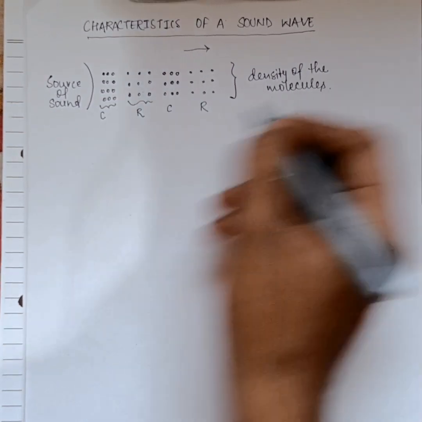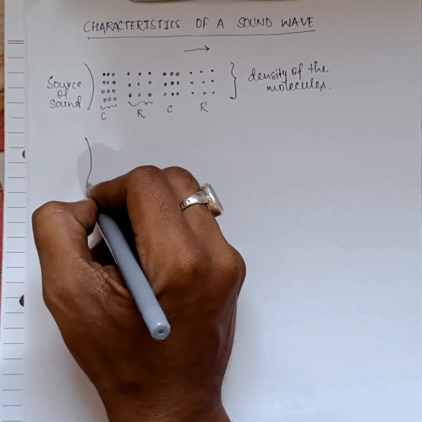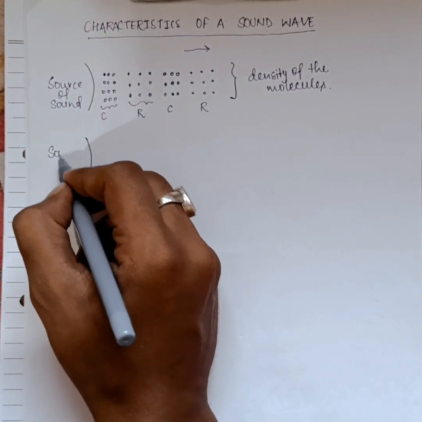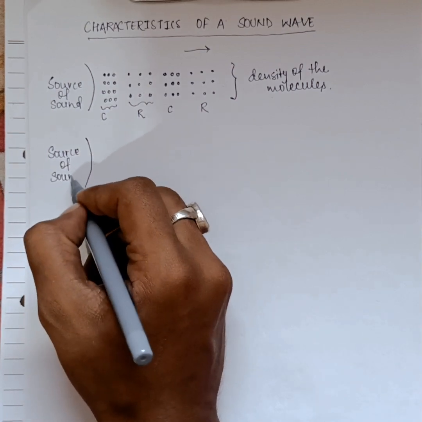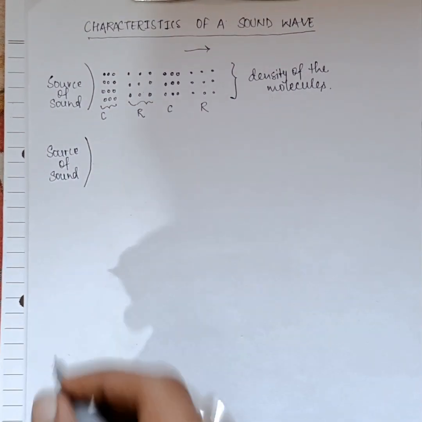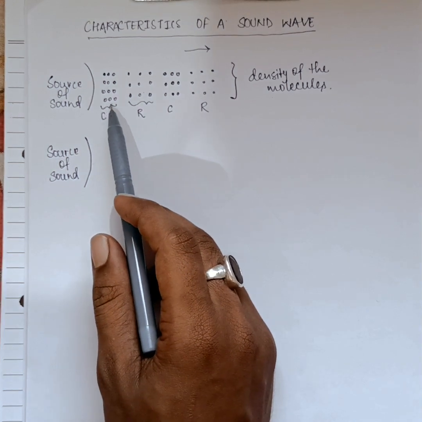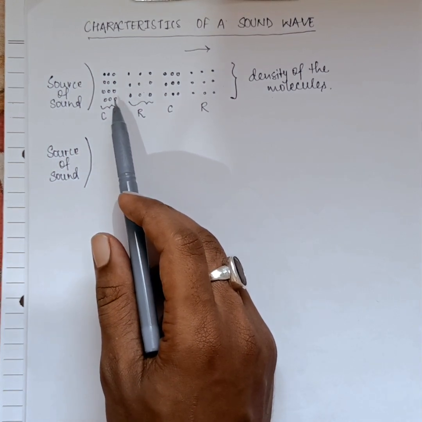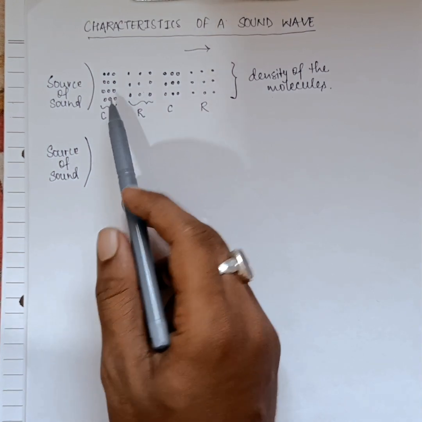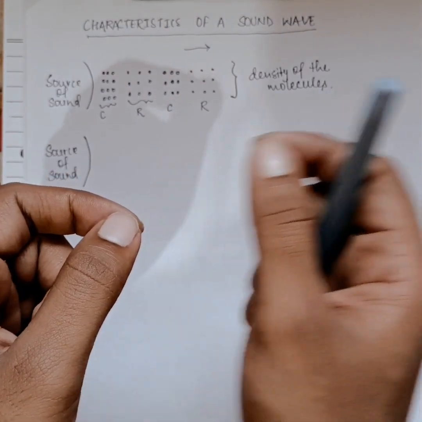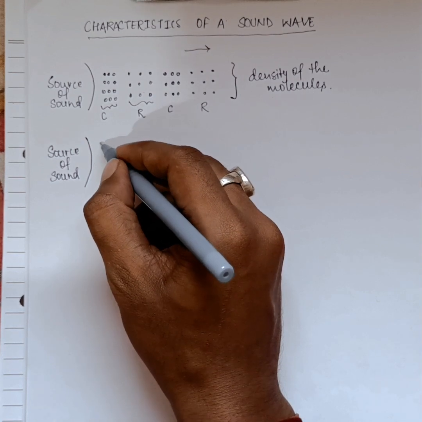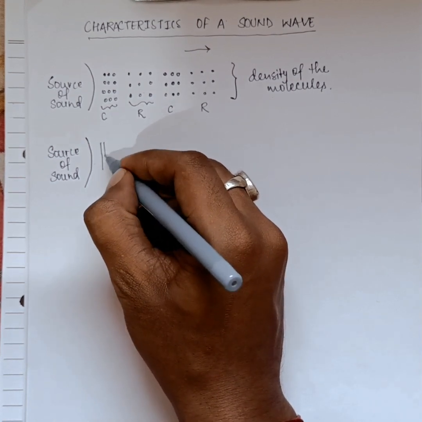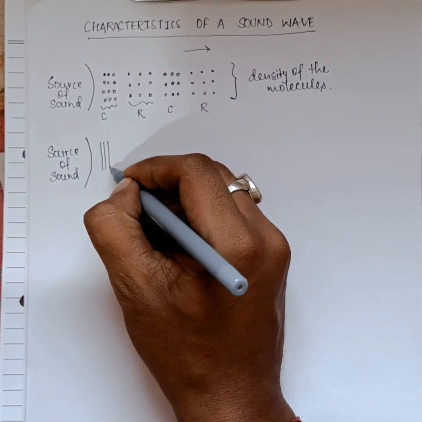And when we talk about pressure, suppose this is the source of sound. What happens if there is an increase in the number of molecules per unit volume? More molecules will apply pressure on that region, and when a compression region is developed there, there will be more pressure.